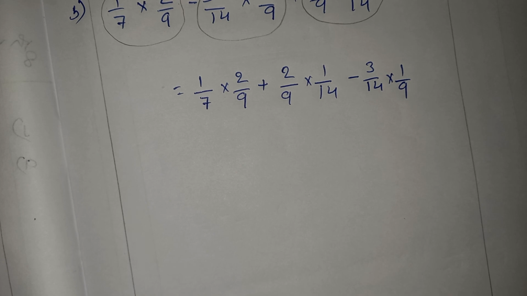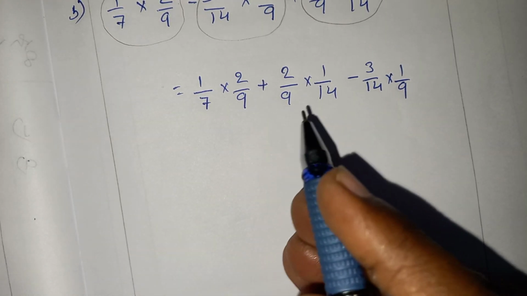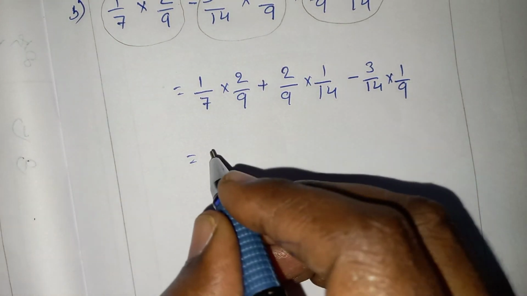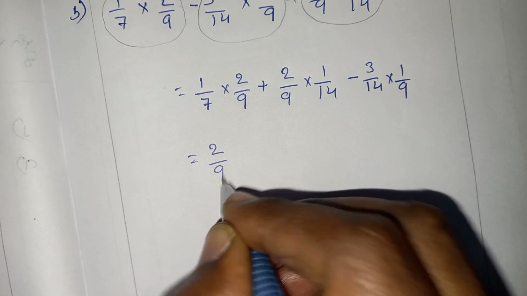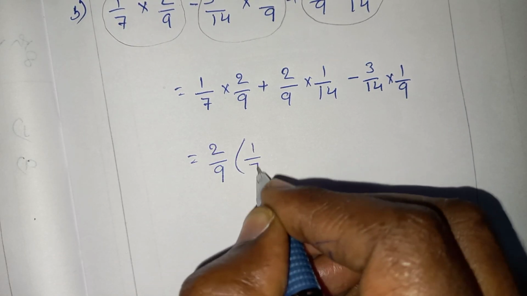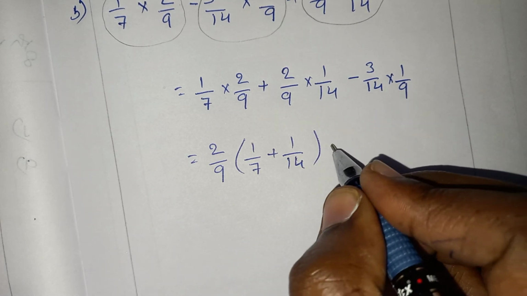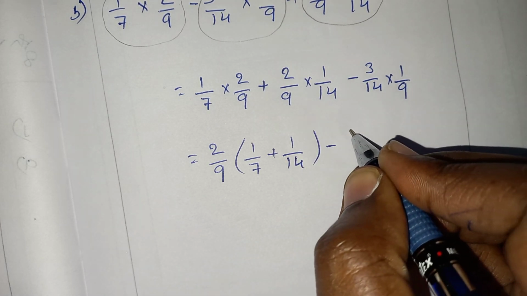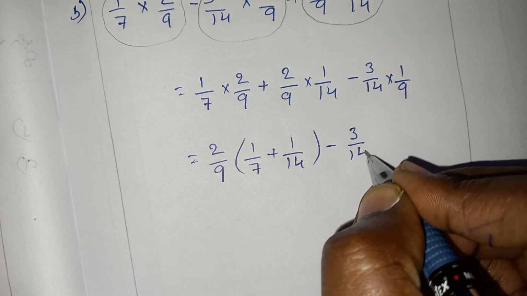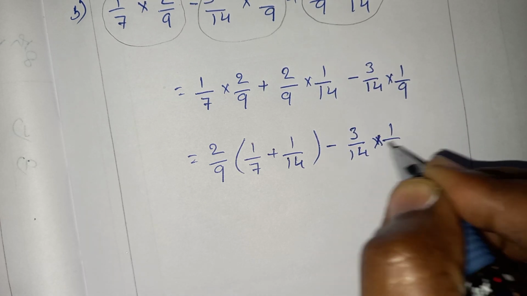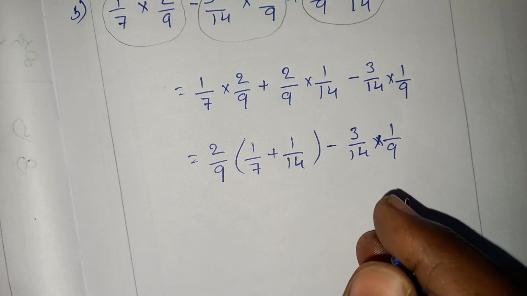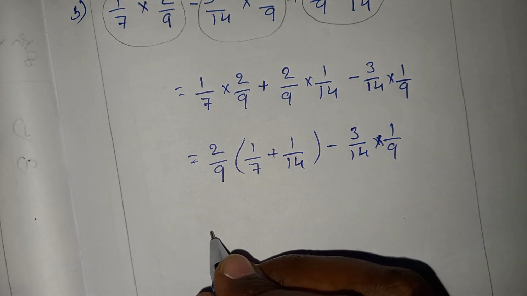Now in these positive numbers, what is common here? 2 by 9. Distributive property again: 2 by 9 of 1 by 7 plus 1 by 14 minus 3 by 14 into 1 by 9. Okay.